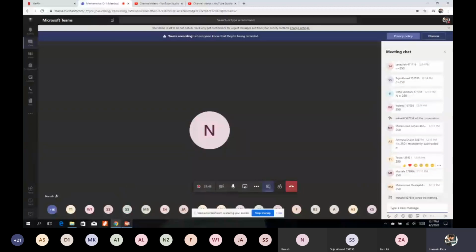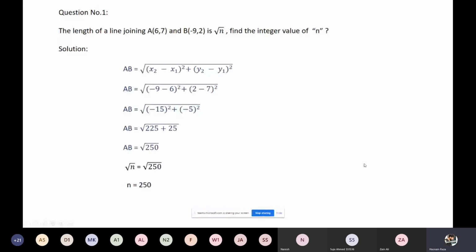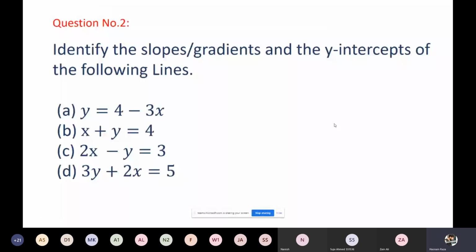Chalo, jaldi se. I want you to solve only part A, and you are given 3 minutes. Only part A, the very first part of this question.